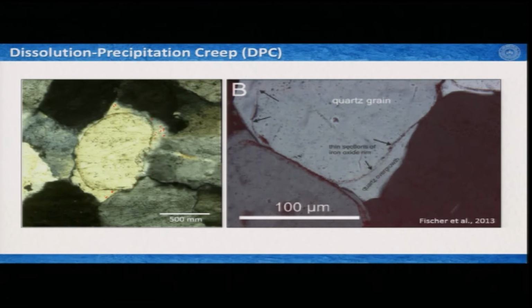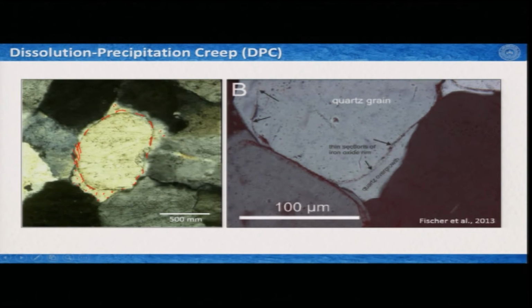Now, I just wiped it out. So, now you can see it very clearly that this is your grain boundary, and the grain has overgrown due to the precipitation of the dissolved material from this side.